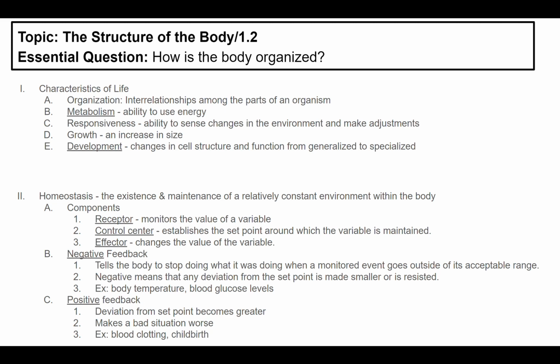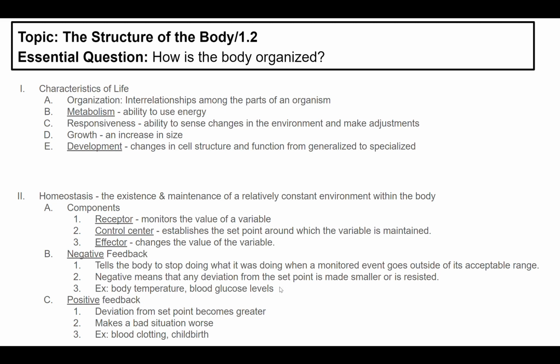So this is where your body will be told to stop doing what it's doing when something is going outside of its acceptable range. So when I mentioned the pH of your blood, or let's say the glucose level of your blood, it has a normal set point, but something may happen to cause it to go too high or too low.